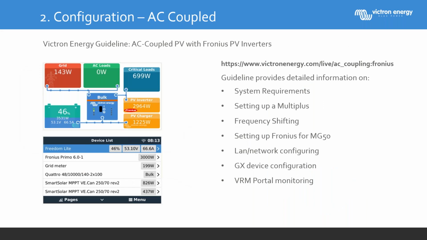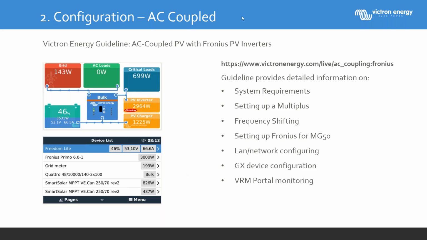What are the different steps to follow when you configure your AC coupled system? We put a link on this slide. We suggest you have a look at it and read it carefully if you plan to make a system, because you have to check different steps. There is the system requirement, then the setting of the Multiplus or the Quatro, then you need to implement the frequency shifting and set up the Fronius, as our colleague from Fronius explained how to do.